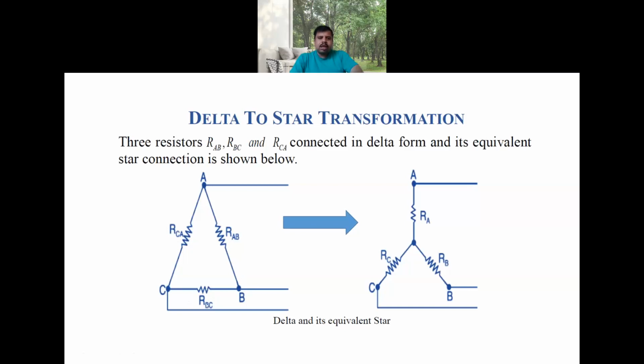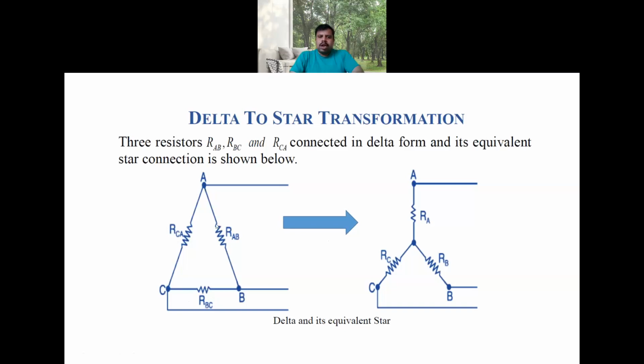Similarly, RBC and RCA are connected between B to C and C to A respectively. The same equivalent circuit, with these three terminals unchanged, can also be connected in a star fashion, that is inverted Y or Y.